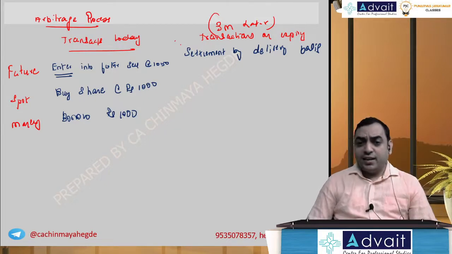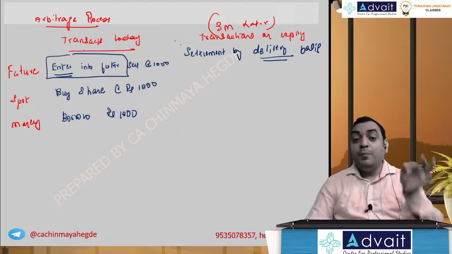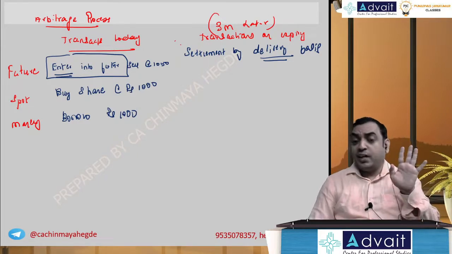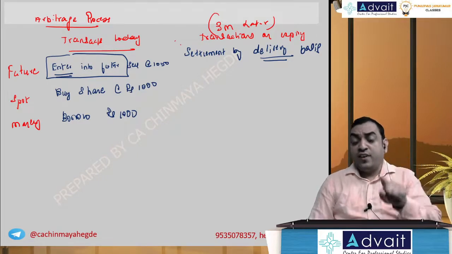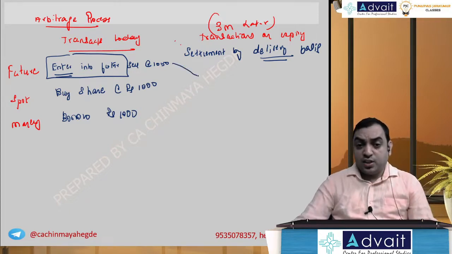Now the transaction later. Settlement by delivery basis means the contract you entered into will be executed. Settlement by net basis means this contract will be cancelled. Now, if it is settlement by delivery basis, this contract will be executed. Means what?